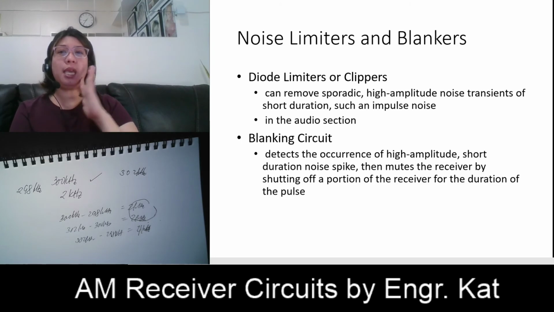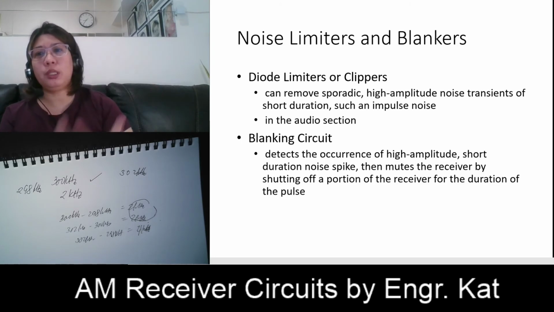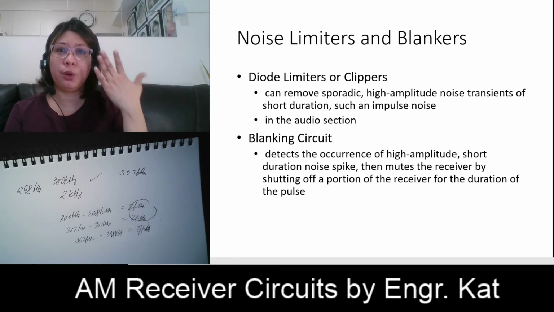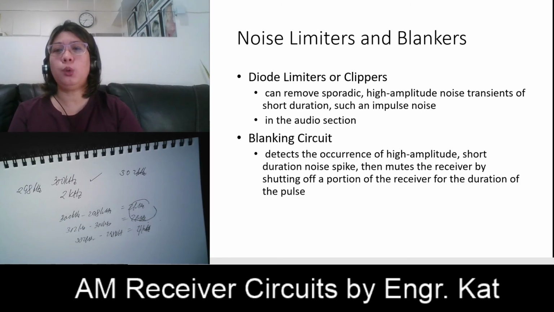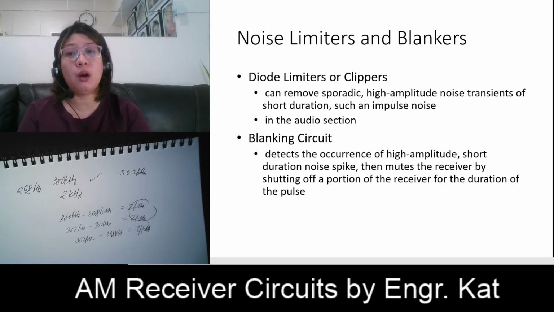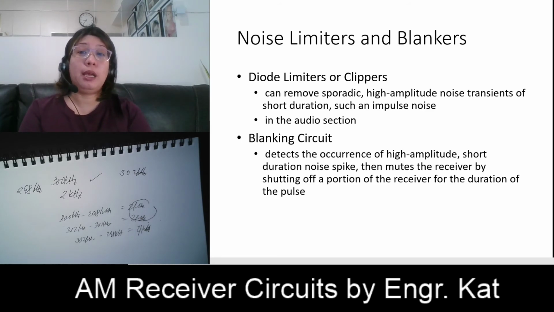So they can be eliminated using diode limiters or clippers, if you can still remember from your Electronics 1. It can remove sporadic high amplitude noise transients of short duration, such as impulse noise. Usually this is placed in the audio section of our receiver.